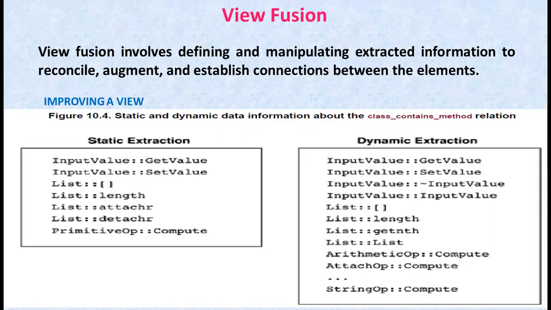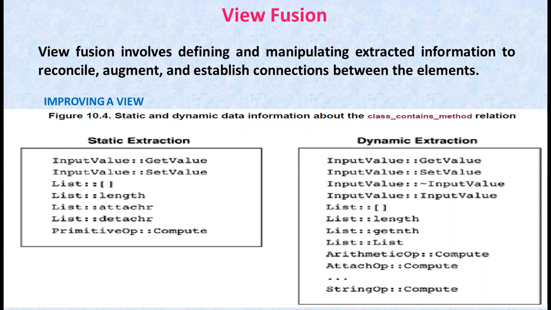Also, the call of the constructor and destructor methods of the input value and list are not included in the static information and needed to be added to the class or method table that reconciles both sources of information. In addition, the static extraction in this example shows the primitive OP class, which has a method called compute.